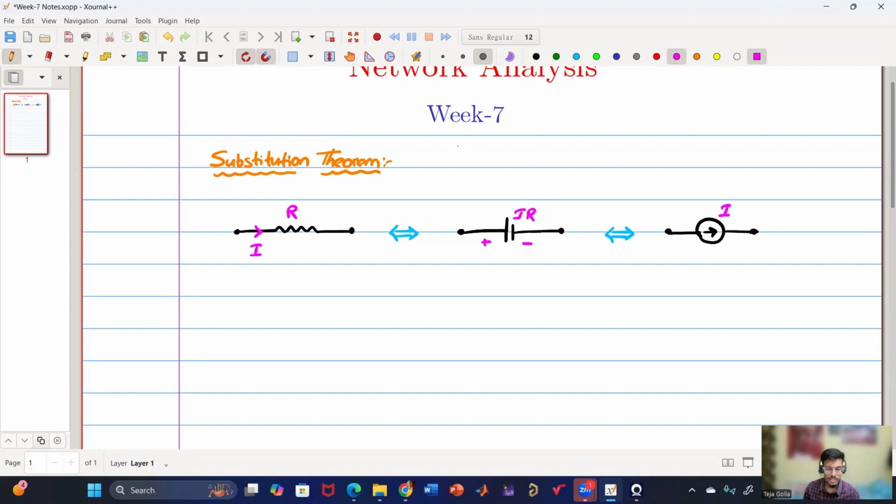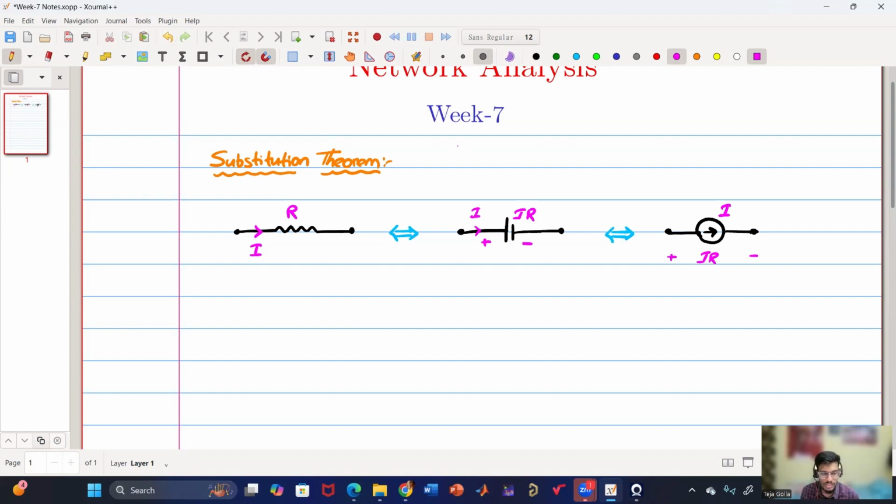So the current flowing will be I, and the voltage across it will be IR. That way none of the laws will be violated, neither Kirchhoff's current law nor Kirchhoff's voltage law.